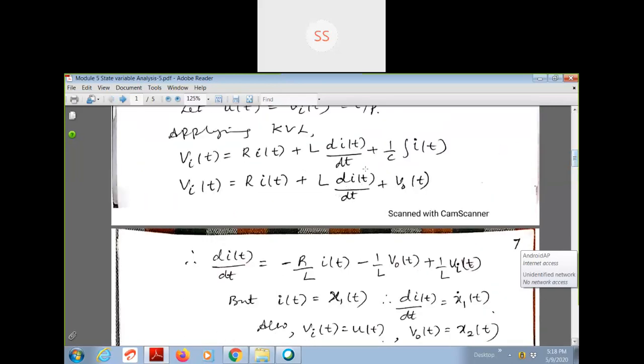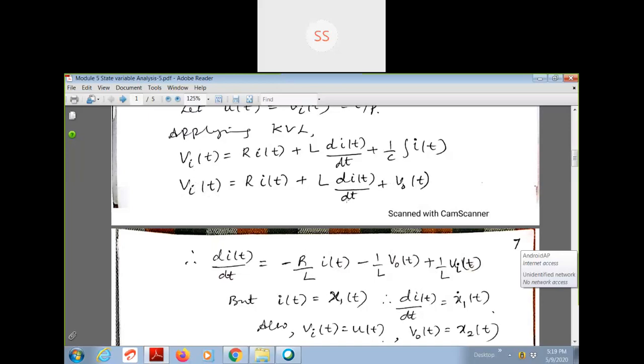So we will take only d by dt of i of t on the LHS, and we will group all other terms on the other side. So d by dt of i of t equals minus R by L, because this d by dt term is multiplied by L. All other terms when transferred to the RHS will be divided by L: minus R by L i of t, minus 1 by L vo of t, and similarly for this term, 1 by L into vi of t.